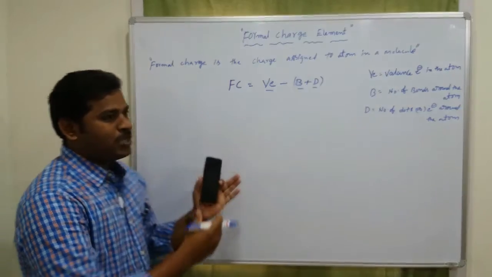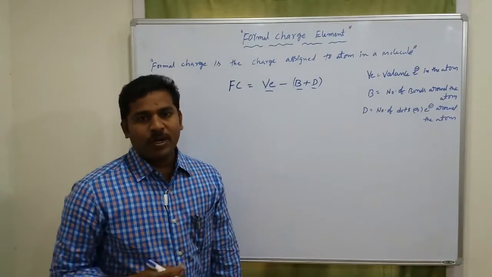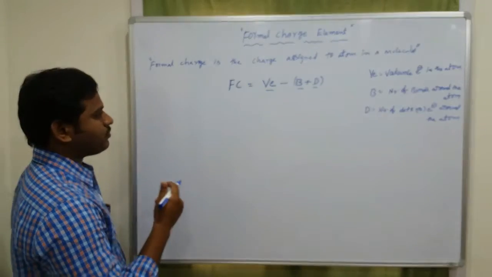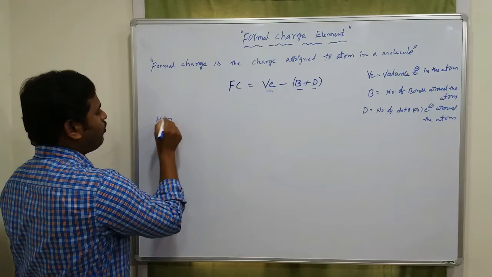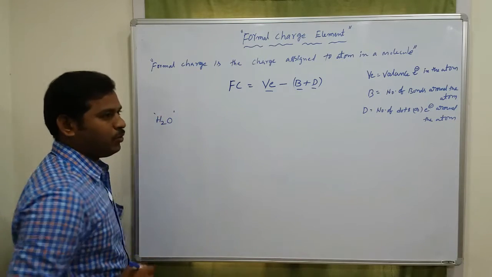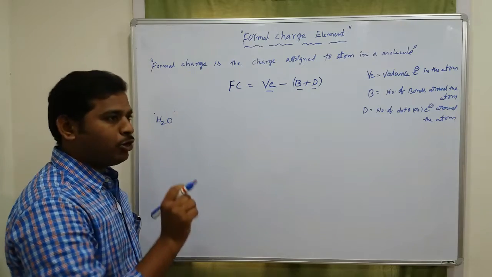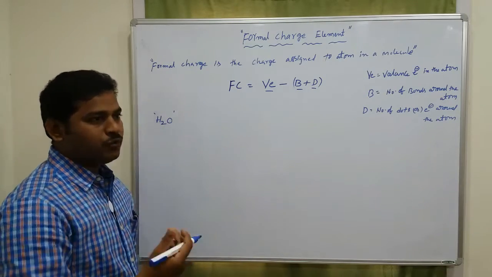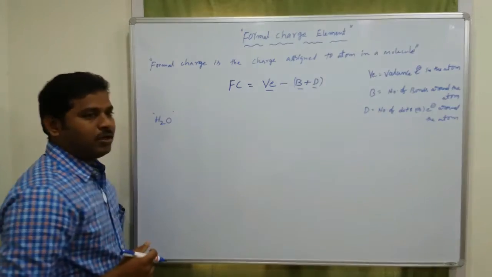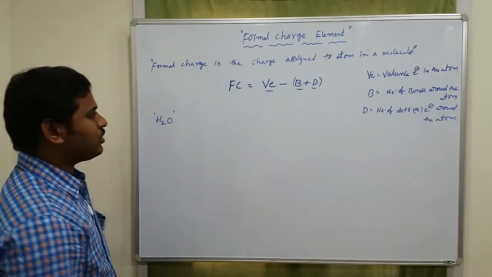So let us see some examples, so we can understand easily the formal charge of particular elements. For example, if we go for the H2O molecule, to calculate hydrogen formal charge and oxygen formal charge, we can use this formula: valence electrons minus bonds plus dots.